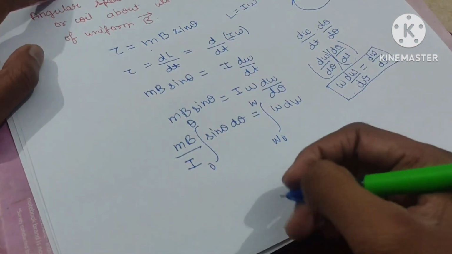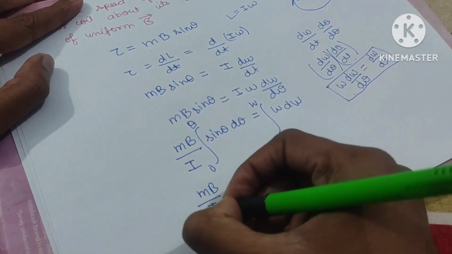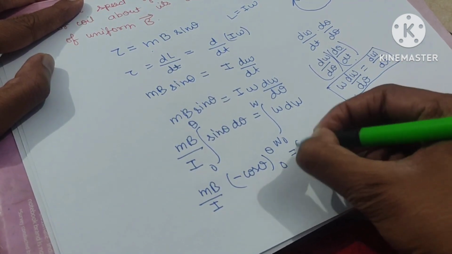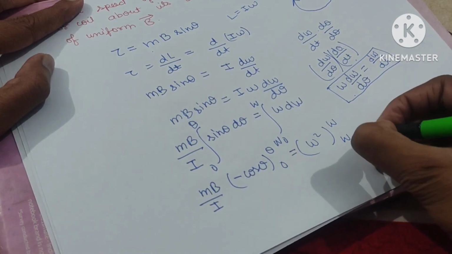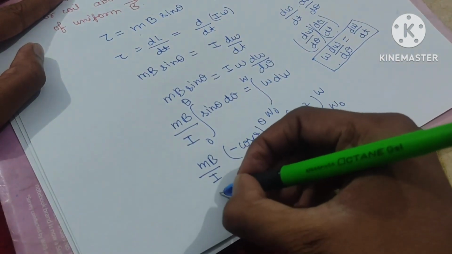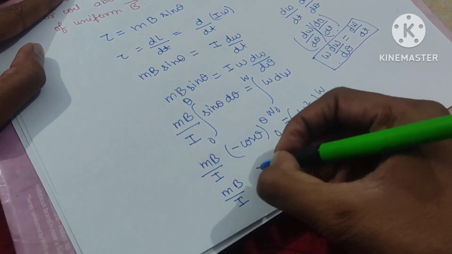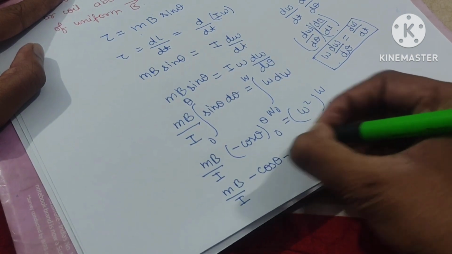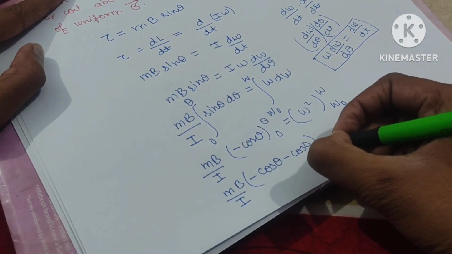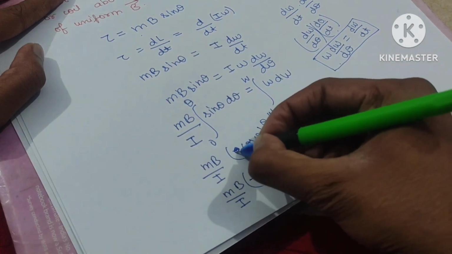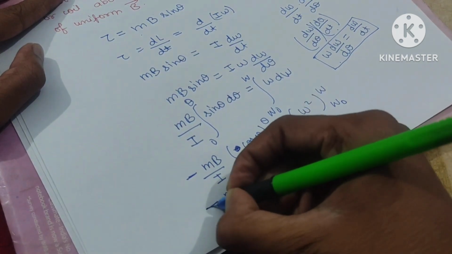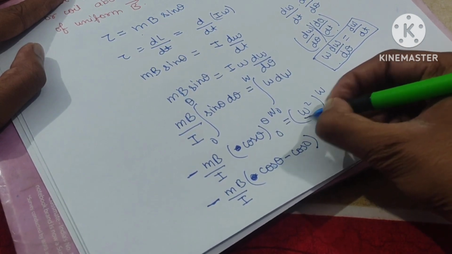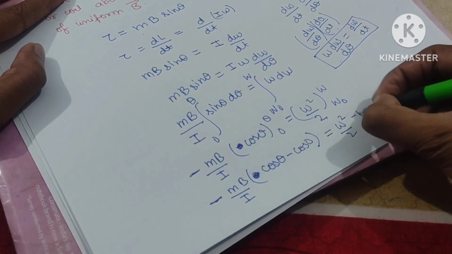You know the integration of sine theta would be minus cos theta, with the limit 0 to theta, and the integration of omega d omega is omega square by 2. So we take the minus outside, and we get omega square by 2 minus omega naught square by 2.